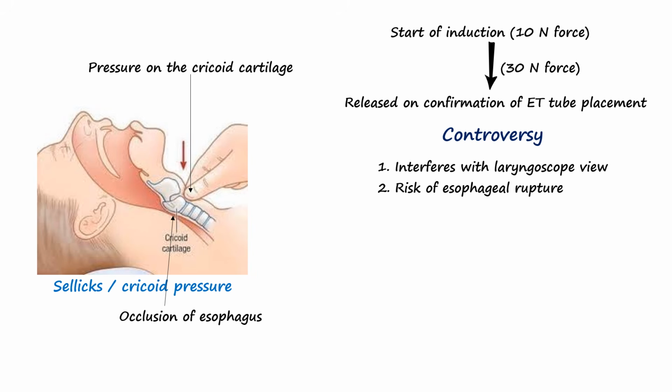Additionally, inconsistent application of force by the providers and patient discomfort further complicates its use. Thus, while cricoid pressure persists as a standard precaution, its universal adoption reflects tradition more than definite evidence.